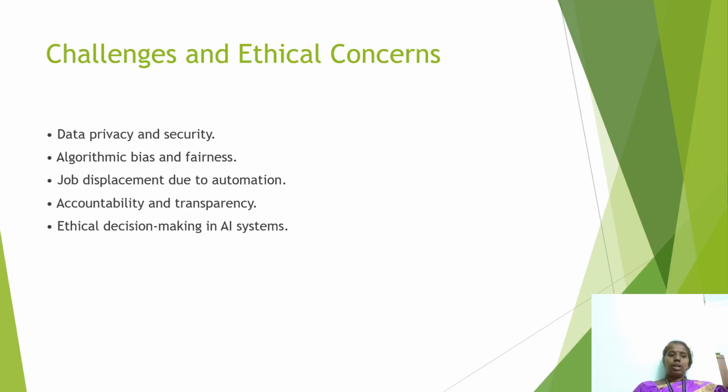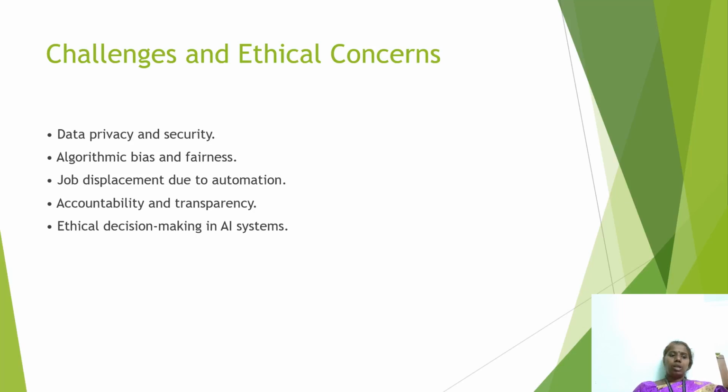And the next one, lack of accountability and transparency. AI models, especially deep learning, can often act as black boxes, making it difficult to understand how they make decisions. This lack of transparency can be problematic in areas like healthcare or law enforcement.